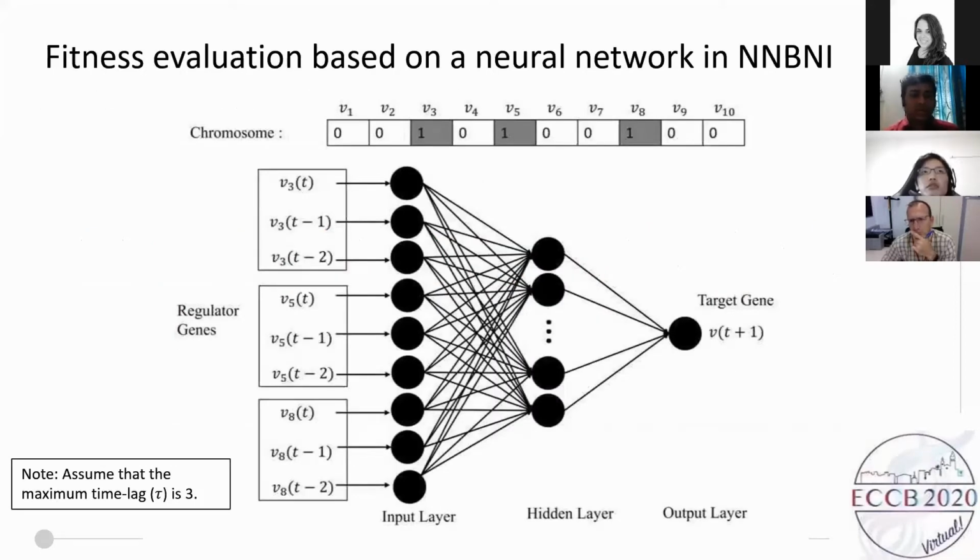Then we can evaluate chromosomes from this example. We assume that the maximum time lag tau is set to 3 in our study. So 9 input neurons and 1 output neuron are generated. The neural network learns Boolean gene expression data using the backpropagation algorithm, which is a gradient descent method to minimize the mean square error between the estimated output and the actual output.